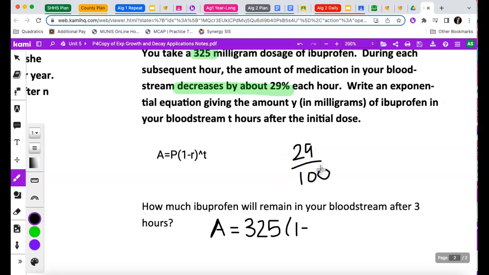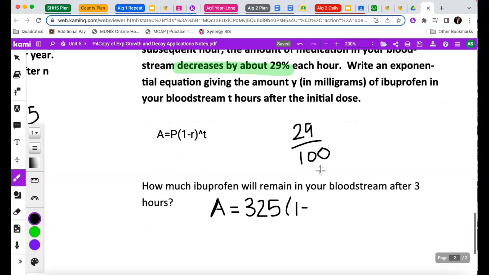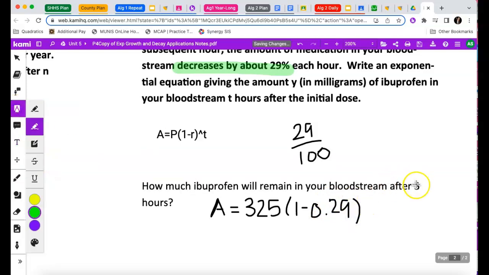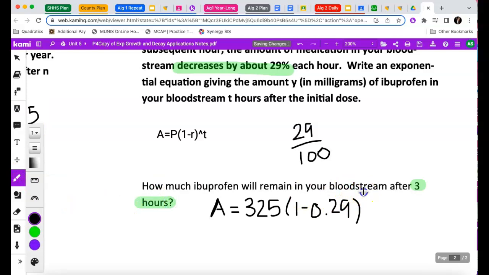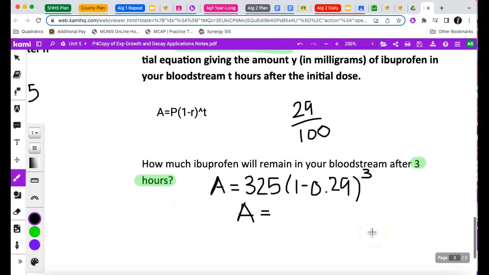So when you do 20 divided by 100, you get 0.20. Very good. And then it says how much ibuprofen is going to be in your bloodstream after 3 hours. So that means my time, my t, my exponent is going to be 3. So we'll go ahead and take a moment to type this into Desmos.